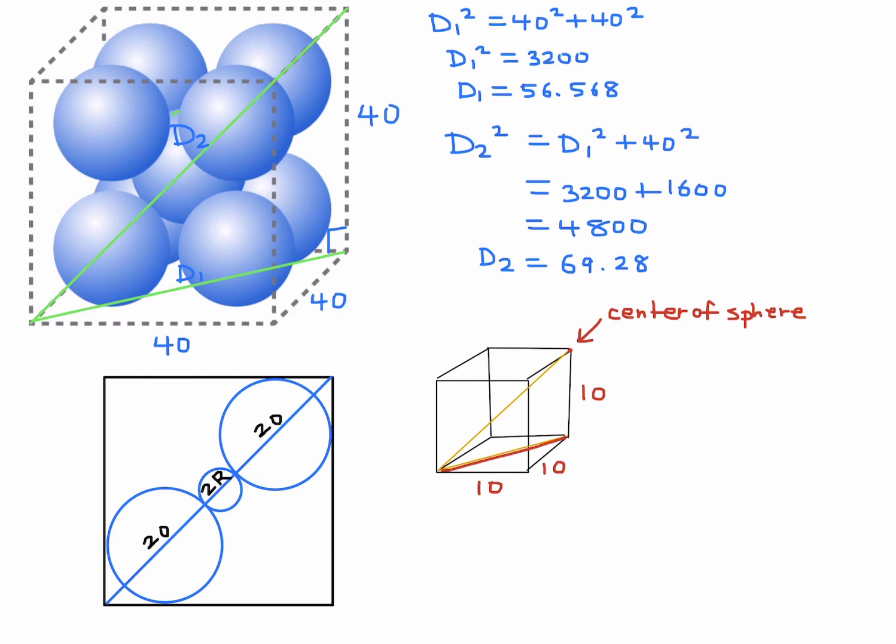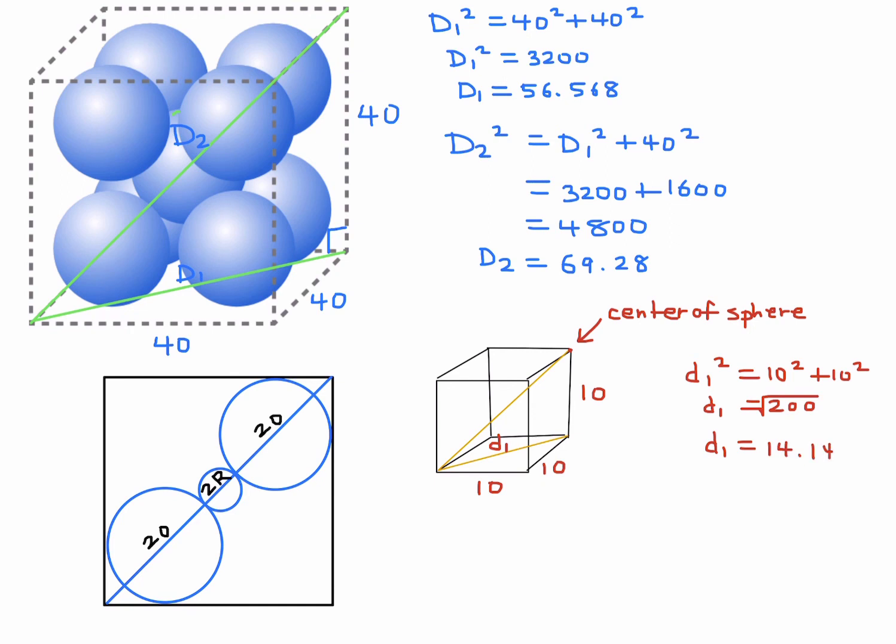So very quickly, we can figure out this guy. I'll just call that small d1. And small d1 squared will be 10 squared plus 10 squared, which is 200. So d1 will be root 200, and therefore d1 is approximately 14.14.